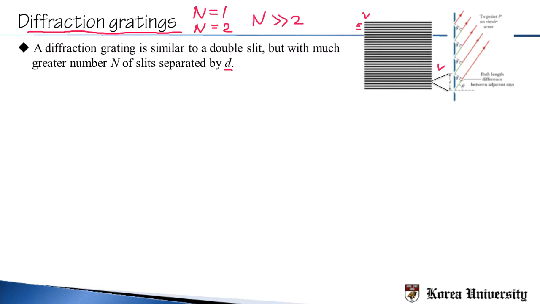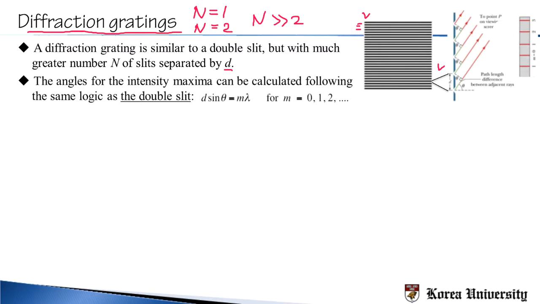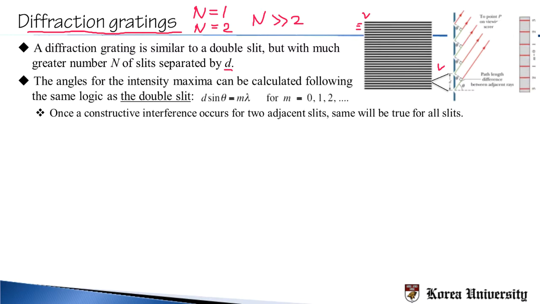The constructive interference condition is simple. The condition is just like in the double slit case. Why? Now let's consider only the two slits here. In the double slit case, we learned that the constructive interference condition is the case when the path difference between these two light rays corresponds to lambda, which is a wavelength.